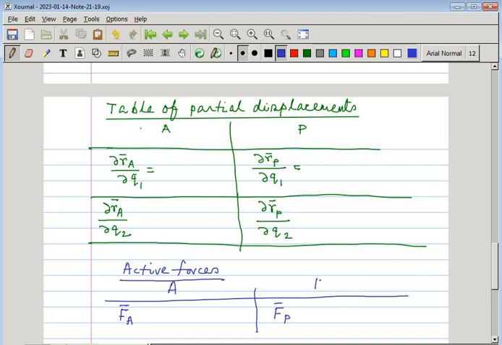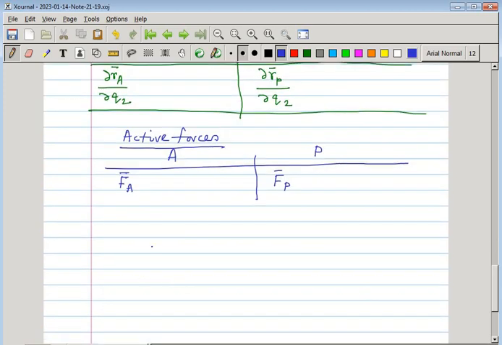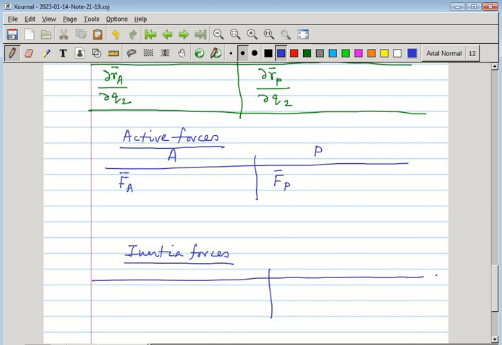This is on A, this is on P. And then the inertia forces on A and P. F in A is equal to minus M1 AA, and F in P is equal to minus M AP.